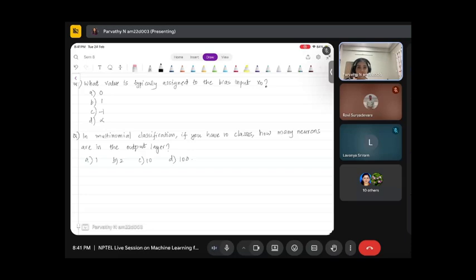In multinomial classification, if we have 10 classes, how many neurons will be there in the last layer? Yeah, so it will be 10.